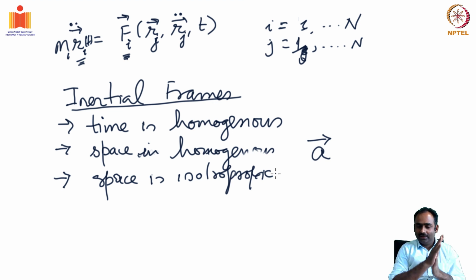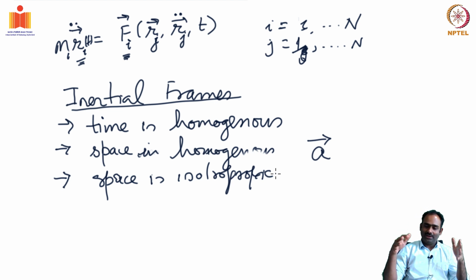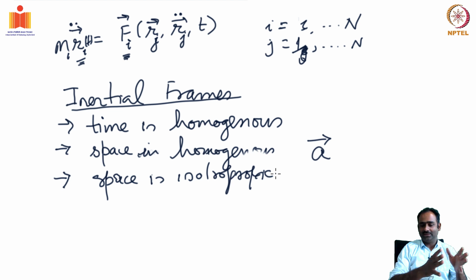Okay, very nice. So you see what we have written down is really nice. We are not telling what will happen to a particle when it is in such a frame. We are telling things about how time behaves in such frames.